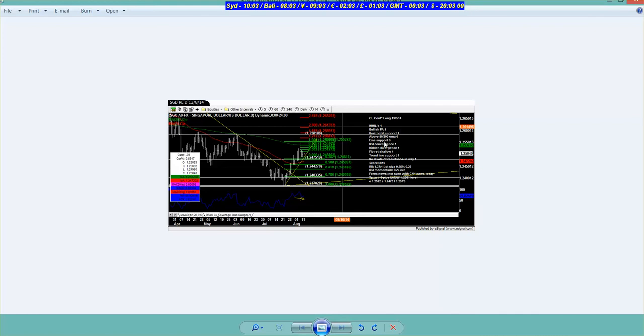No. Continuation long. EMA support, hidden divergence. Oh, I don't know about that. Fib retracement. It's shallow to the 382. 8 out of 10. Size 65-ish. Not sure where the Chinese news is today.